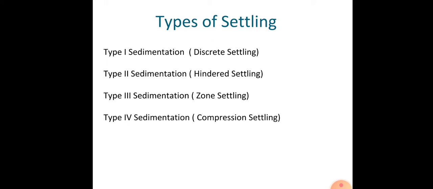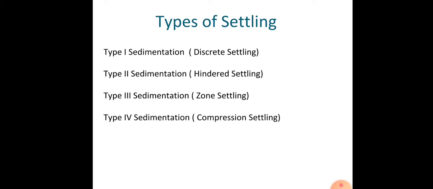Here the tendency of the particles to flocculate or coalesce with each other is comparatively lesser. So discrete settling, or type 1 settling, is a process wherein the concentration of the particles in the given sample of water is comparatively lesser.